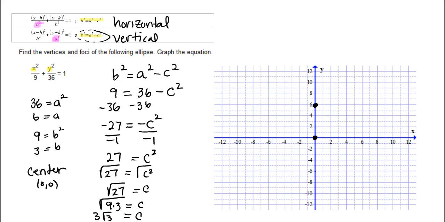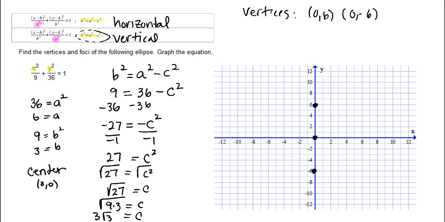Up 6 and down 6. So I used the fact that the orientation was vertical, as well as the value of A, to find the location of the vertices. So I have 2 vertices, and those are at 0, 6 and 0, negative 6.